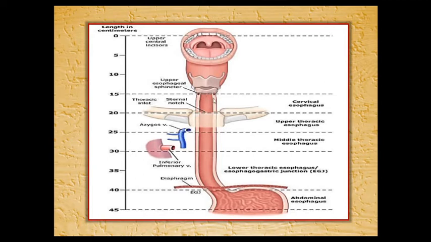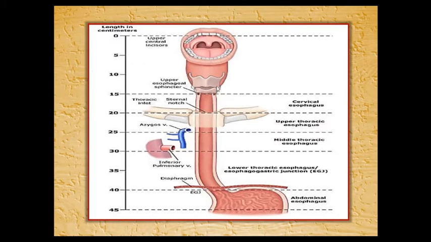The esophagus is a muscular tube, as we say, and it has two sphincters, upper and lower. The upper end begins at the lower border of the cricoid cartilage of the larynx, which corresponds to the body of the 6th cervical vertebra.